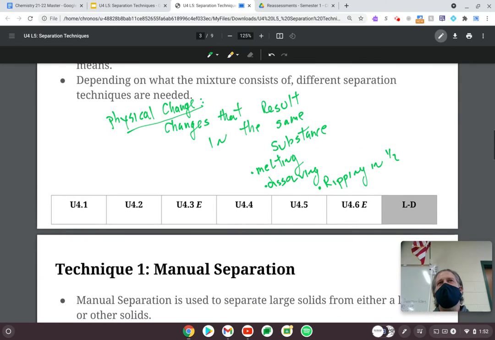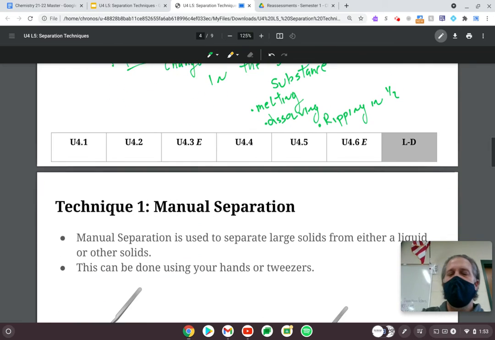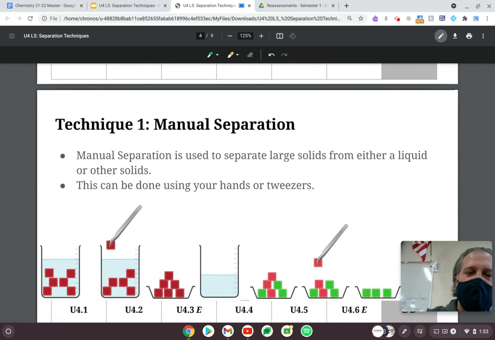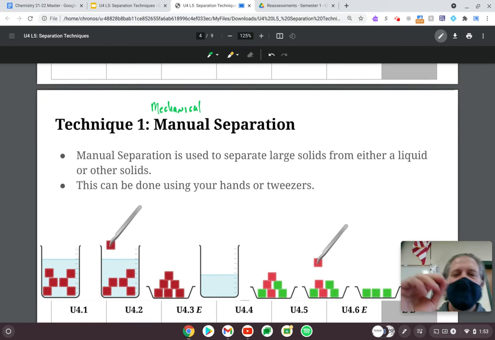The first one is something called manual separation, also sometimes referred to as mechanical. What that means is that the objects or substances being separated manually are often large enough that you could grab them with your fingers, or with tweezers or forceps, or some other grabbing device like the claw.